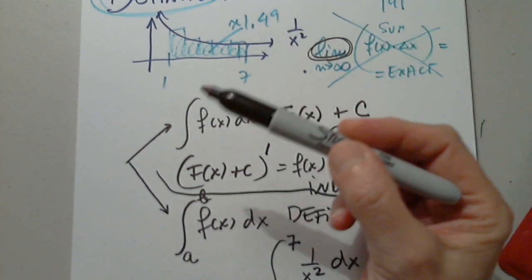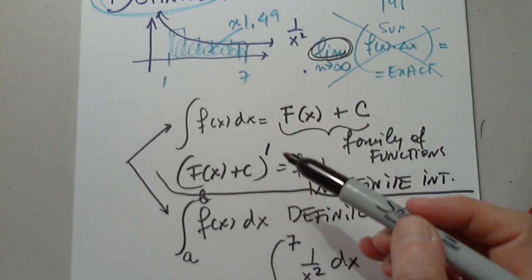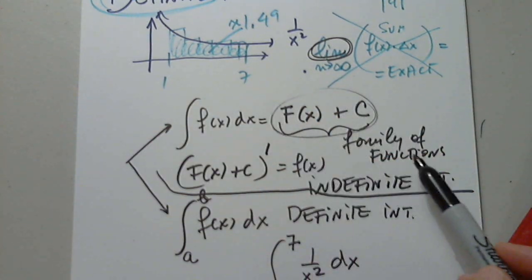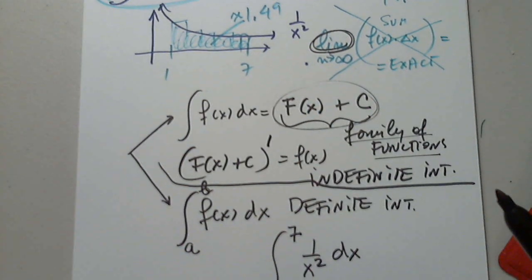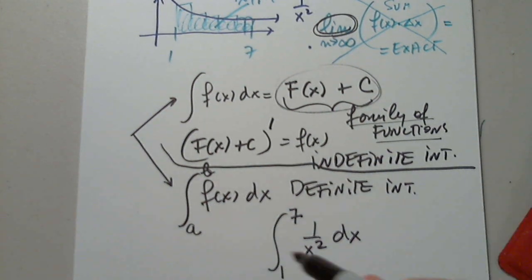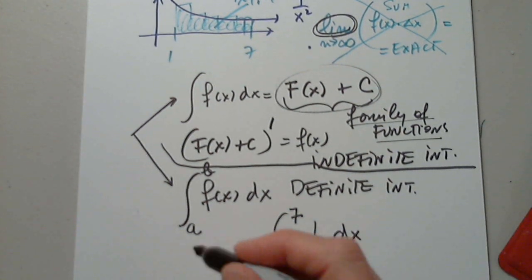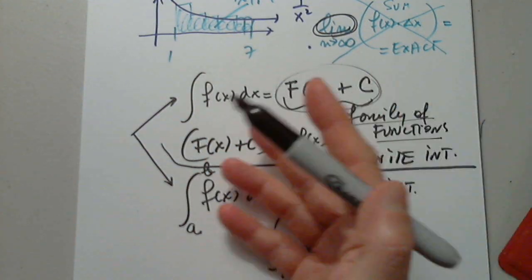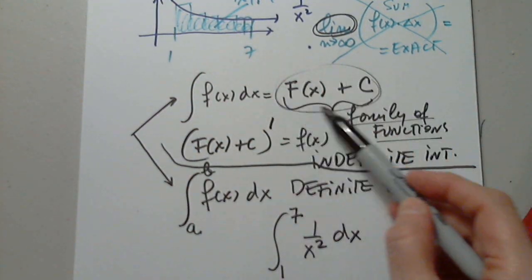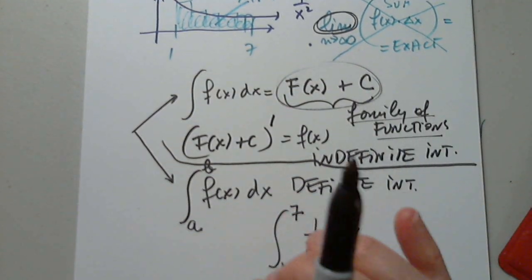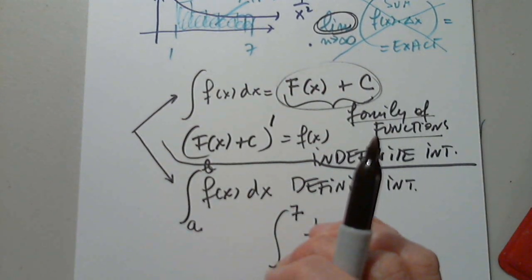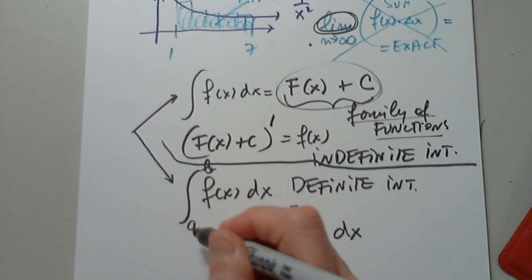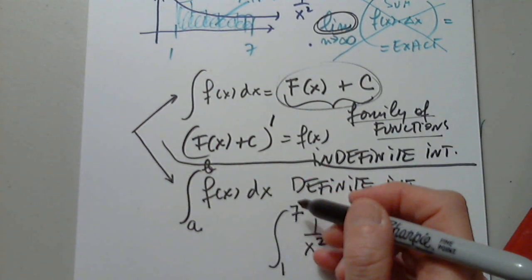The indefinite does not have limits of integration, and the answer is a function, a family of functions. The definite integral, definite, from this to this. This is general, indefinite, family of functions. But this one, no, this one is exact, between 1 and 7, from a to b, of f of x dx.